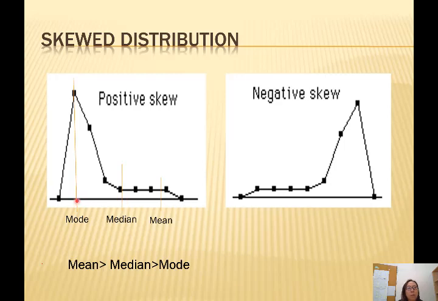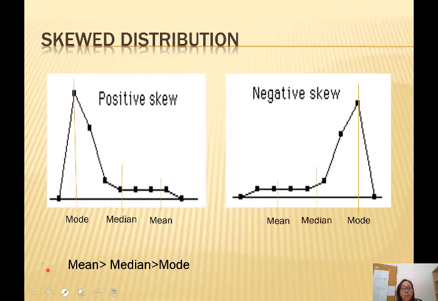So the way to know whether the data is skewed positively or not is to look at the mean and the median, and if the mean is greater than the median, then we would say the data is positively skewed.